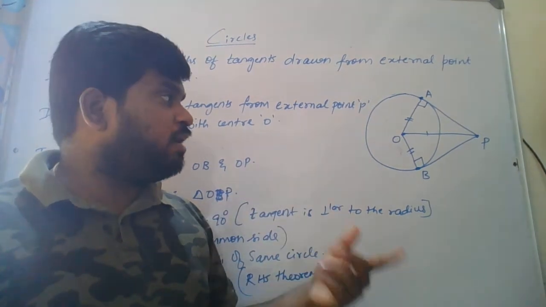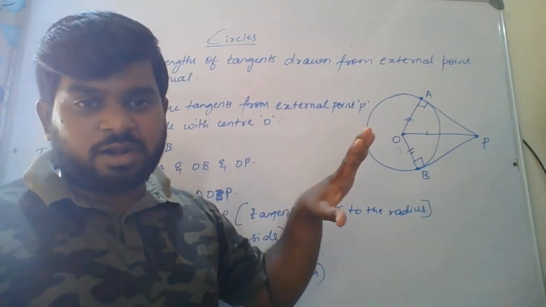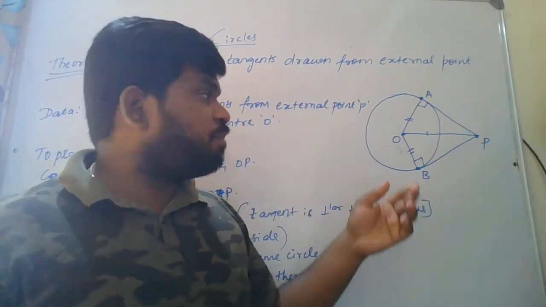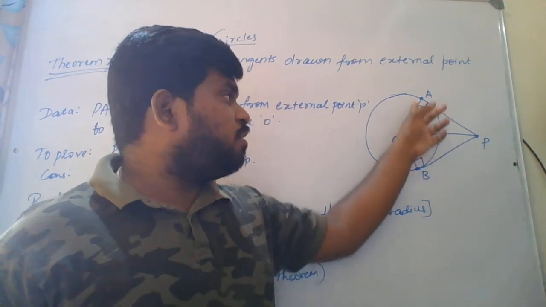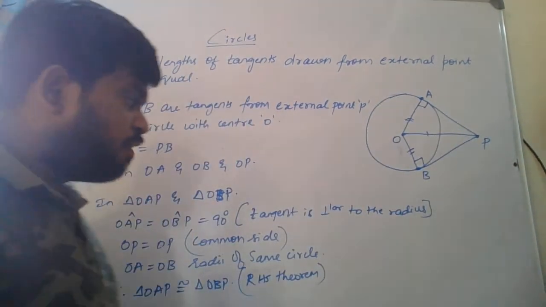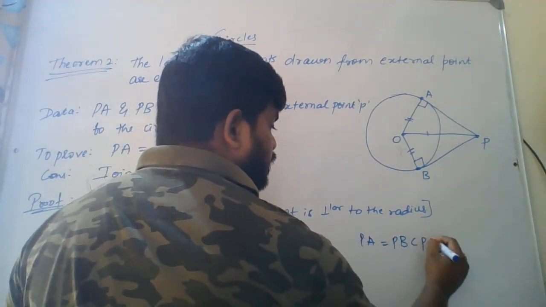We had to prove they are equal. The remaining parts are PA and PB. Therefore, they have to be equal using CPCT.